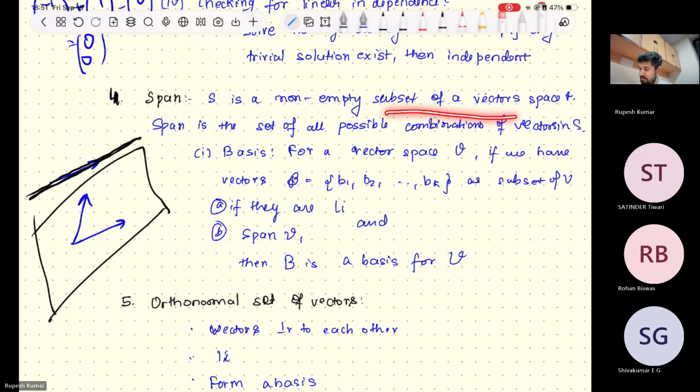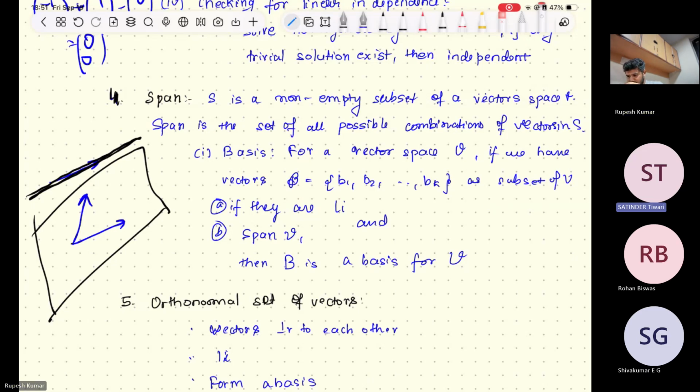Now within that subspace, the linear combination with the scalars, we are going to reach any other vector in the subspace, then it will be a span, otherwise not.